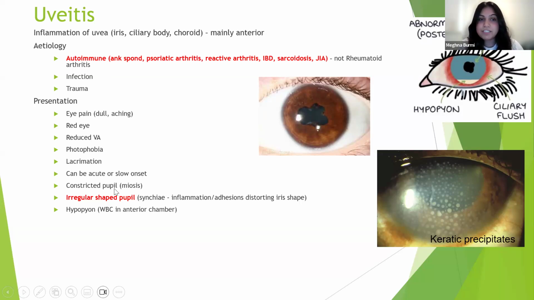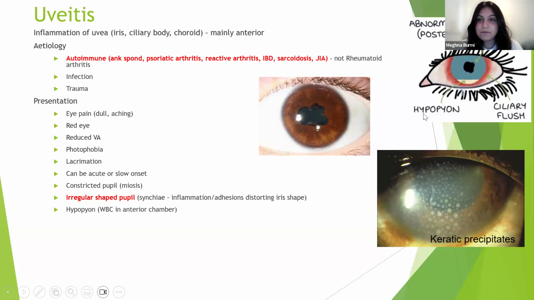We have a constricted pupil because it's affecting your iris, so your iris's ability to contract and expand is jeopardized. And interestingly, we have this irregular shaped pupil, which is caused by inflammation, and that causes adhesions, and they sort of pull on the iris in different ways and give you this irregular shape.